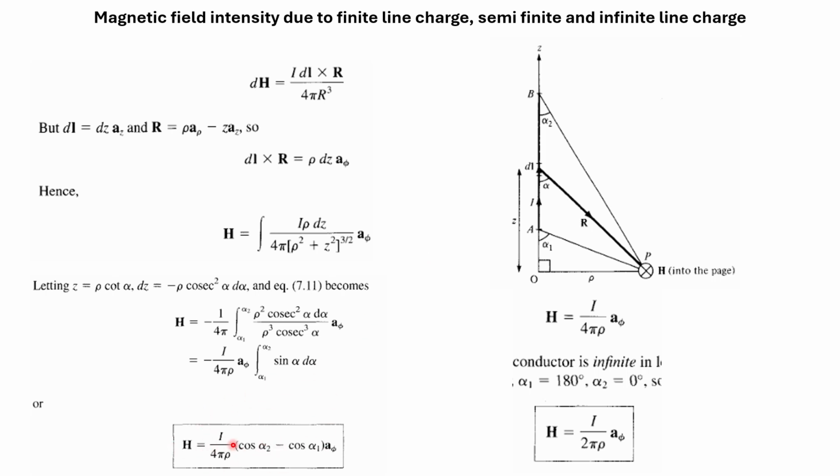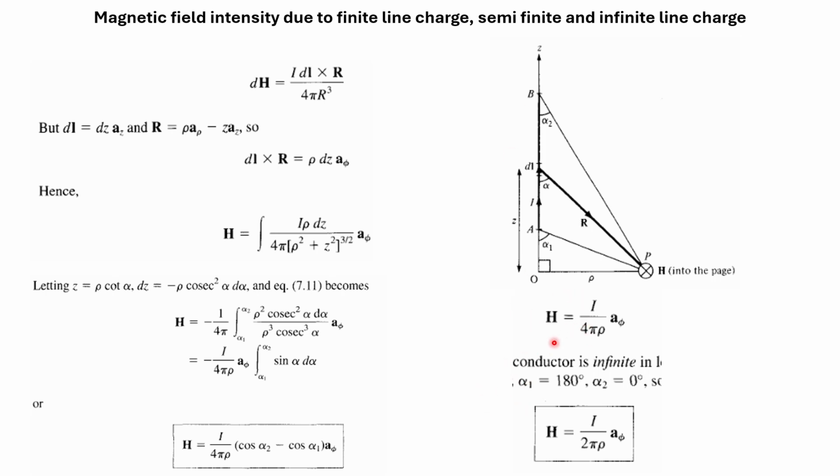this is the final value of the magnetic field due to the length A and B carrying the current I. But this is the A and B length, meaning finite. If we find it for the semi-infinite case, how much will it be? For the semi-infinite, the point P will be very close, and we replace the values.